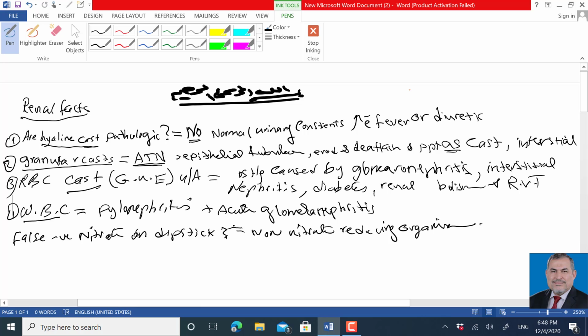Okay, what are the possible non-renal causes of elevated serum blood urea and blood urea nitrogen? Non-renal causes of elevated nitrogenous substances, blood urea and blood urea nitrogen.